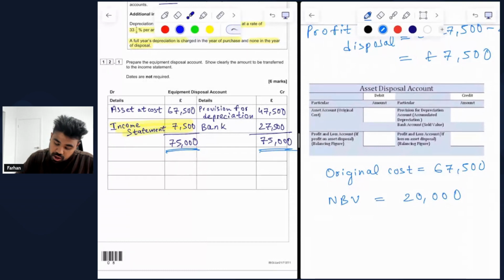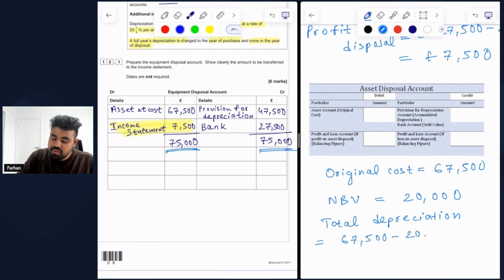It's the same thing. So I'm just going to write total depreciation or provision for depreciation, which is simply the difference between the cost and the net book value in this case. And that is £47,500. And this is what we are going to include here on the credit side.